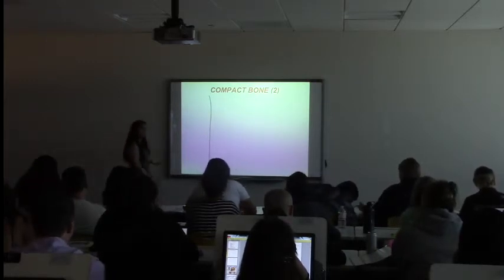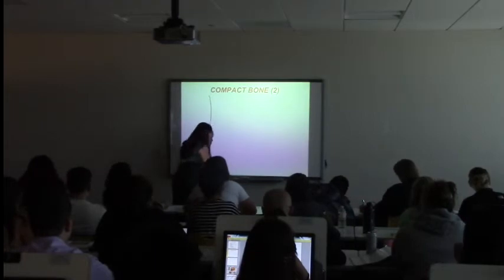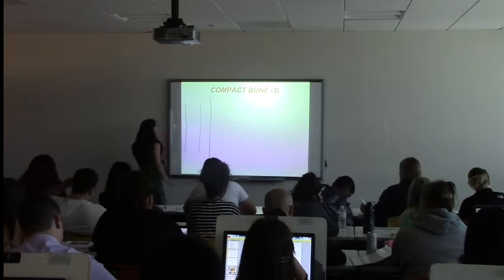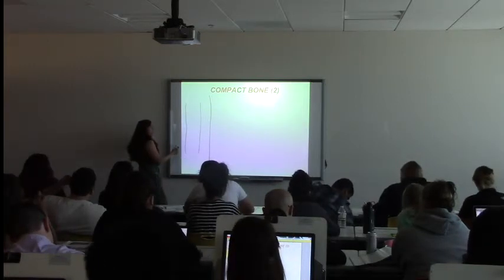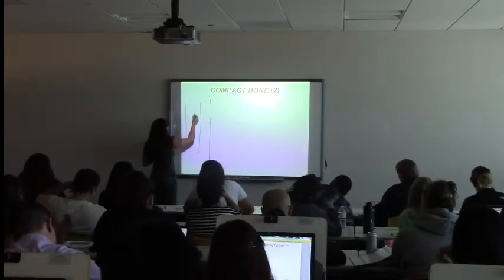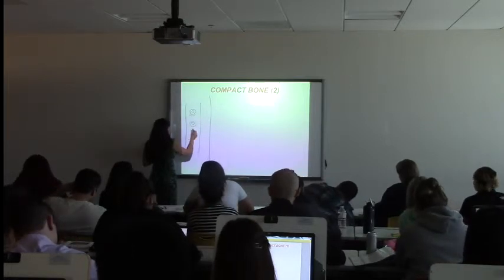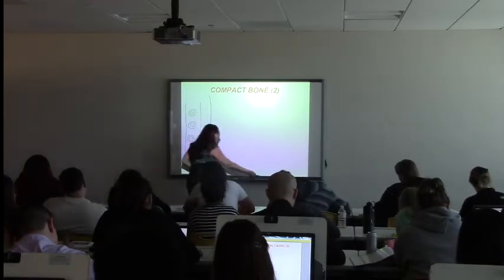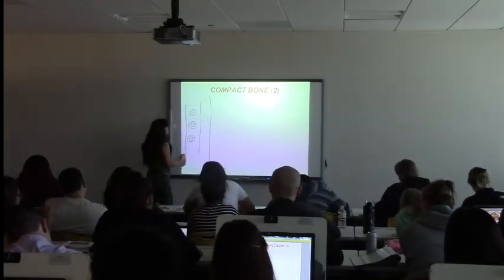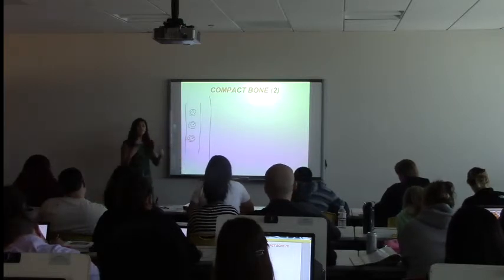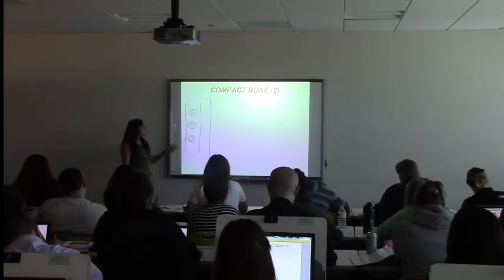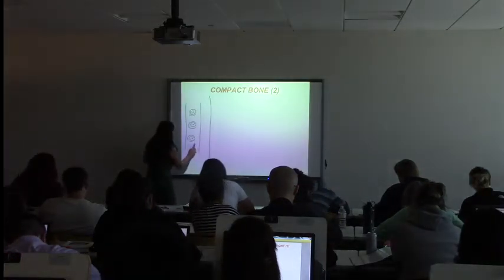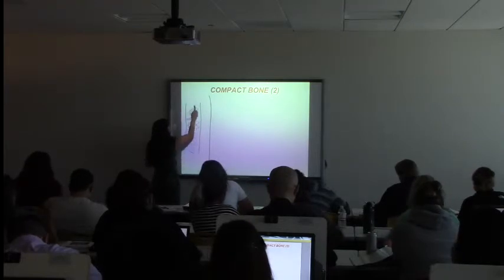Compact bone you find in a diaphysis. What is compact bone made up of? So here is the diaphysis. Basically, you find structures called osteons. These cylindrical structures are osteons. The osteon is the cellular portion of the bone, and the matrix is found around the osteon. So all of this is the matrix.